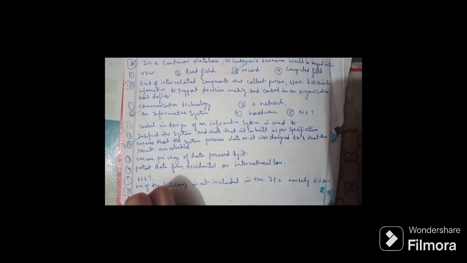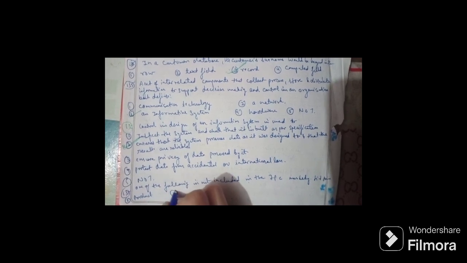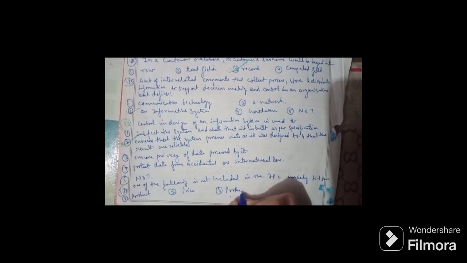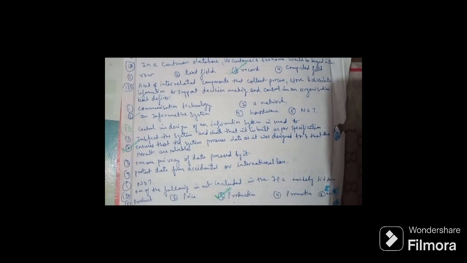The options are: product, second is price, third is production, fourth is promotion, fifth is none of these. So the option we will go for is the third one, which is production. That will be the right answer for this question here.